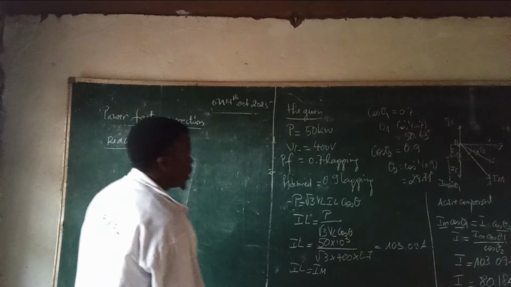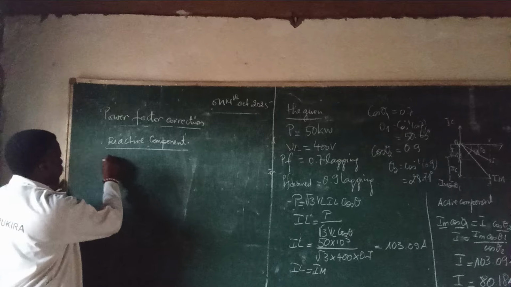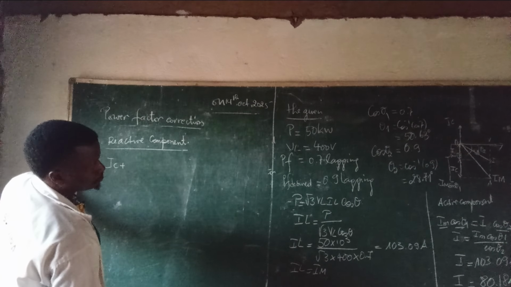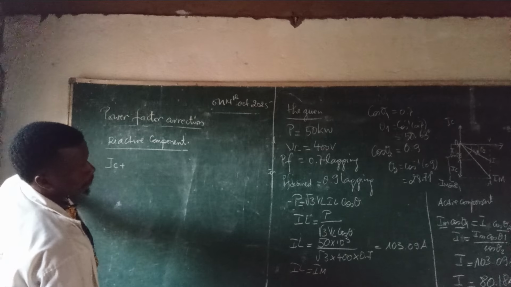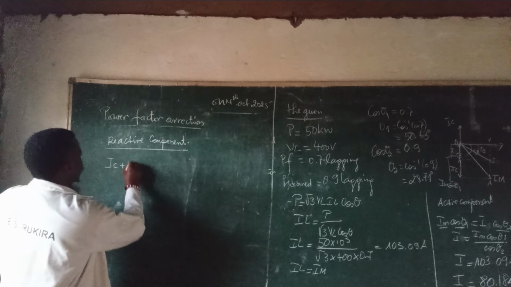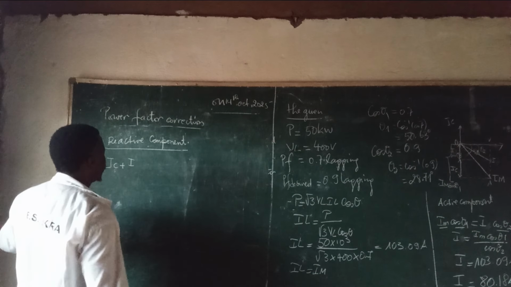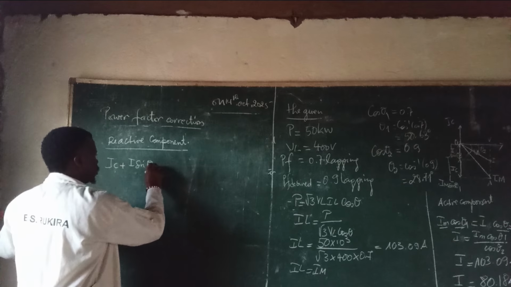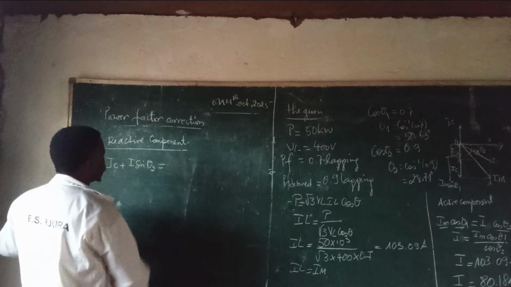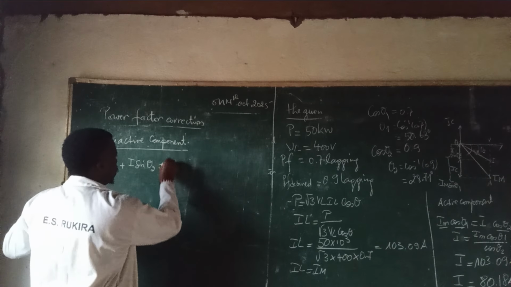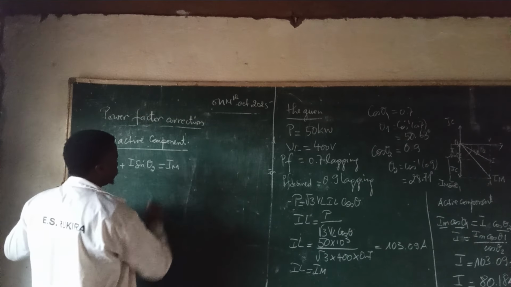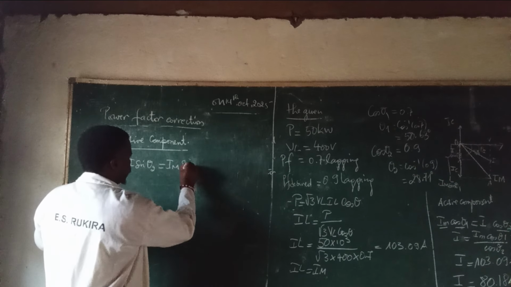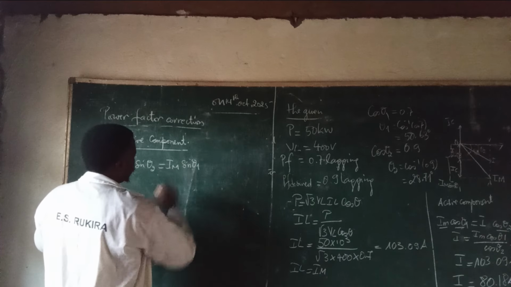So, IC plus the desired current sin theta 2 will be equal to IM sin theta 1.